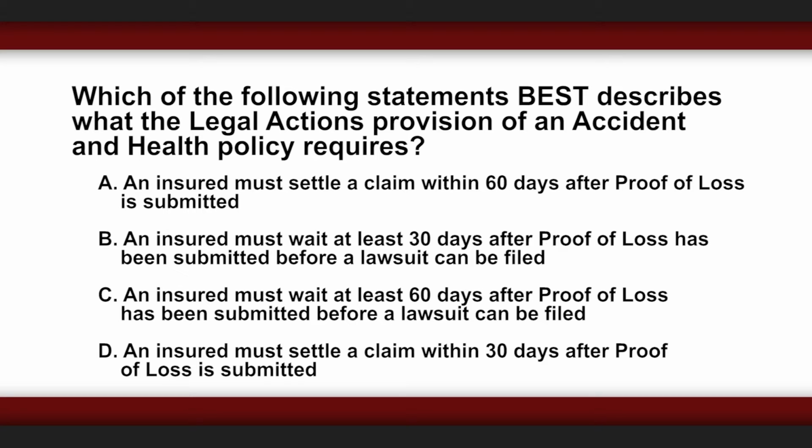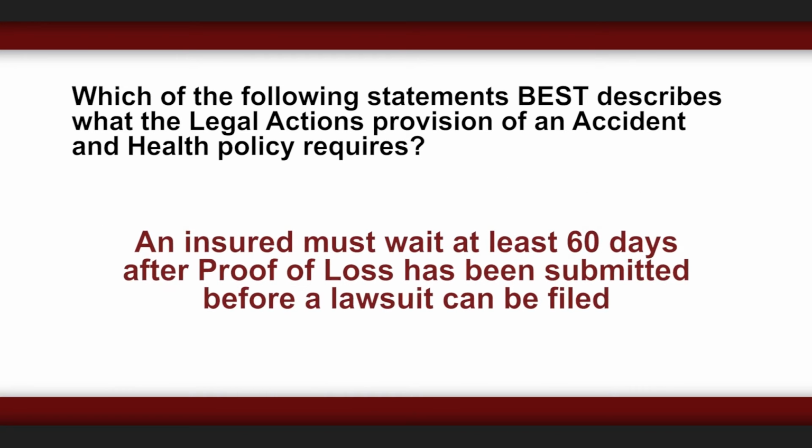An insured must wait at least 60 days after proof of loss has been submitted before a lawsuit can be filed. An insured must settle a claim within 30 days after proof of loss is submitted. The correct answer is an insured must wait at least 60 days after proof of loss has been submitted before a lawsuit can be filed.